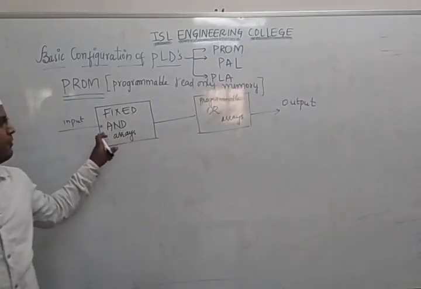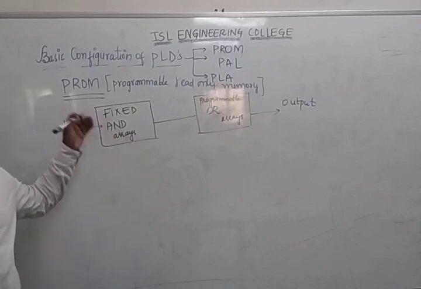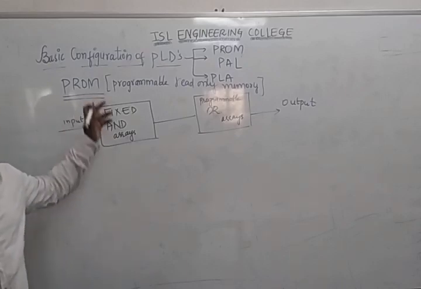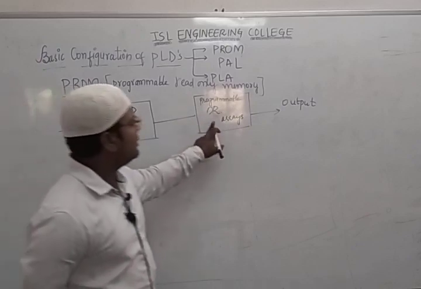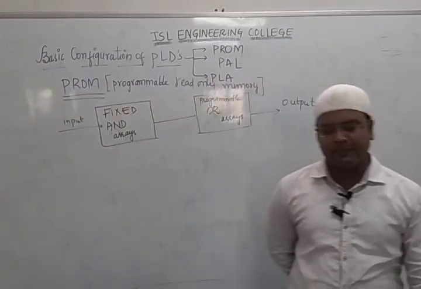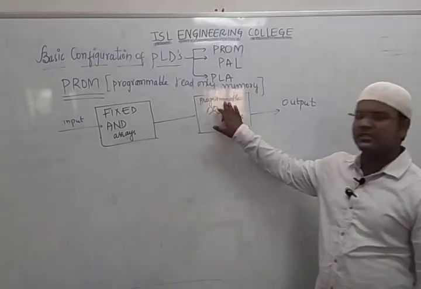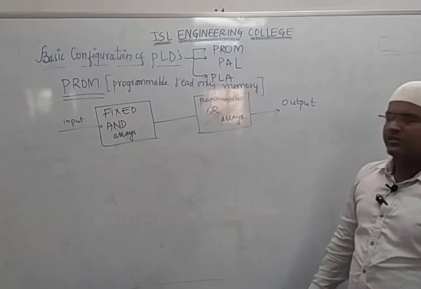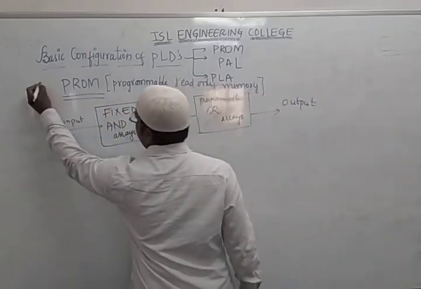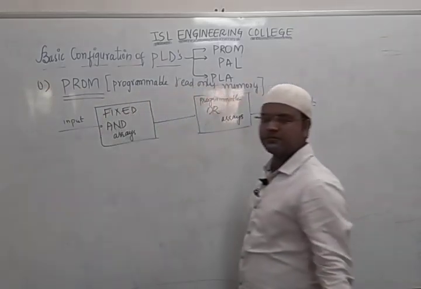Array means it's not one gate, it is many AND gates of the same type, used multiple times. That is considered to be the array. Similarly here, I'm doing the programming and storing it in the OR gate. So this is the programmable OR array. This is the first part for configuring PROM.